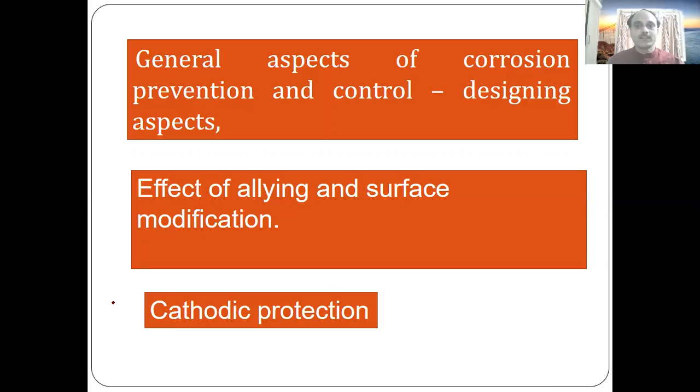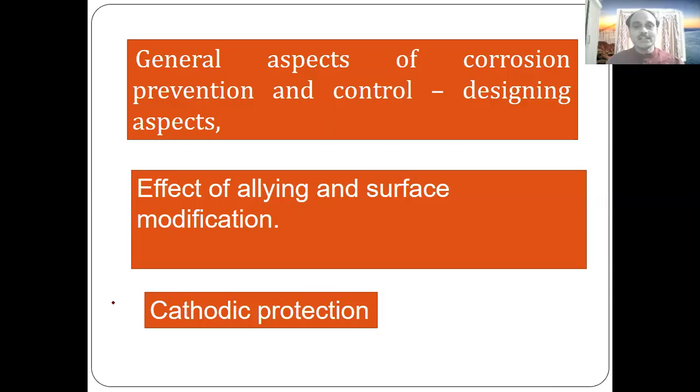That is the effect of alloying. Why do we go for alloying? One aspect is to prevent corrosion, and also to change or enhance the properties and bring out some desirable properties.